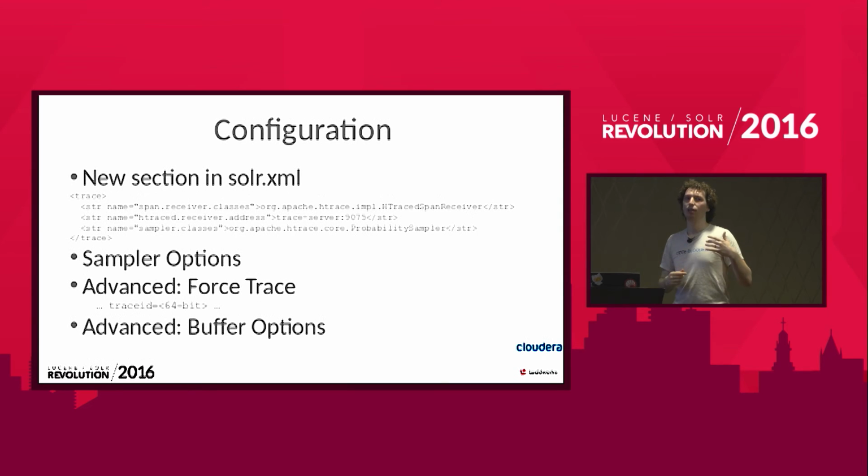If we say I'm already tracing with trace ID equals blah, then that gets passed along. So for things where the nodes communicate directly with each other, that's pretty easy.